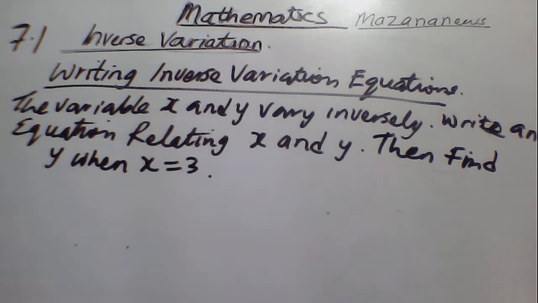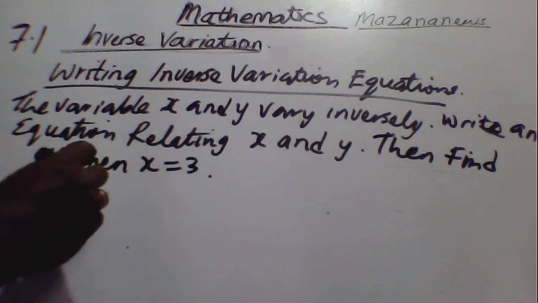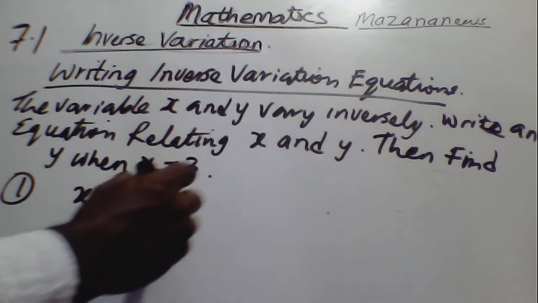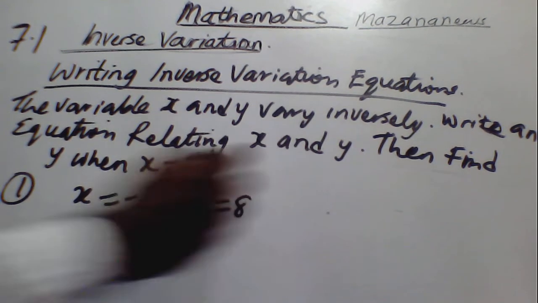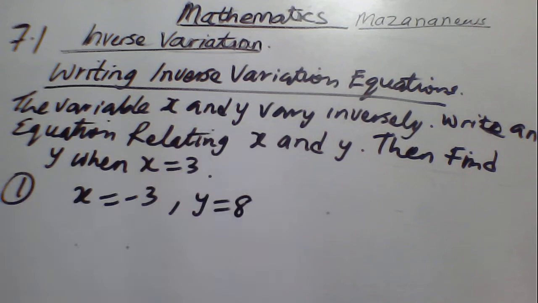3. So the first one, you are given x is equal to minus 3 and y is equal to 8. In this case, you are told that the relationship between x and y is inverse. It's an inverse proportion. So you are given a set of data and one other value, which is x.